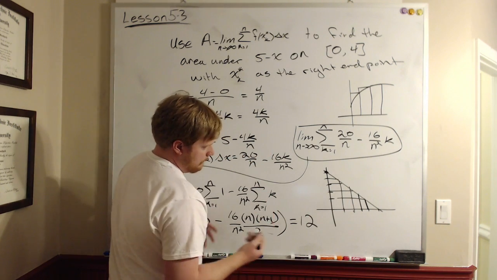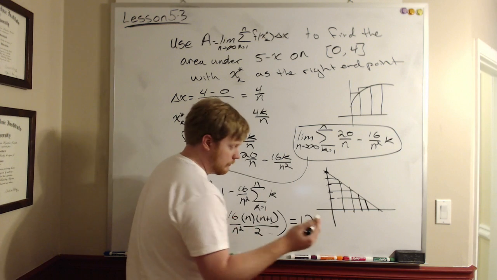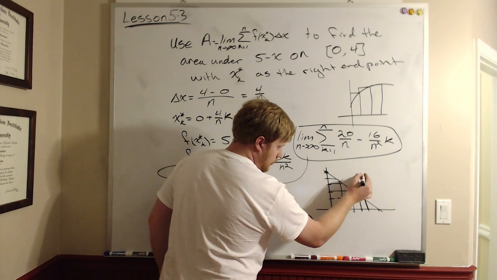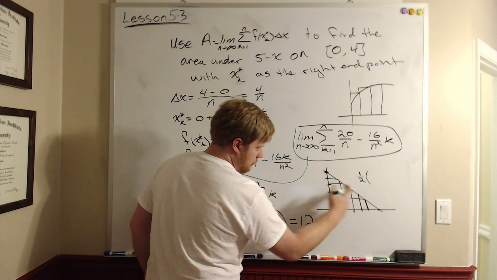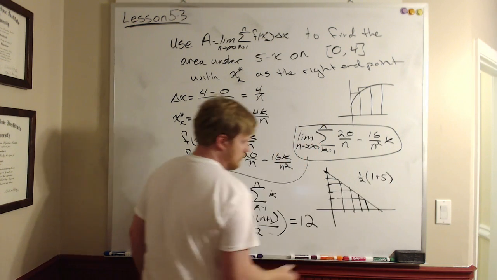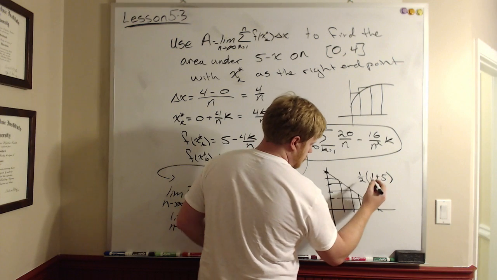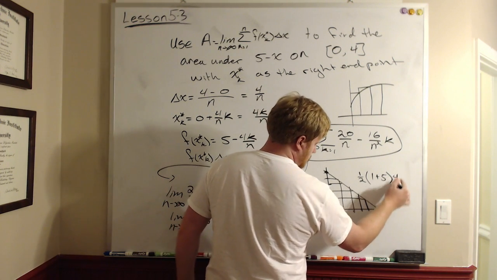Now, I think the easiest way to find that area is trapezoidal, right? It's 1/2 the sum of the bases, which is 1 plus 5, times the height, which is 4.